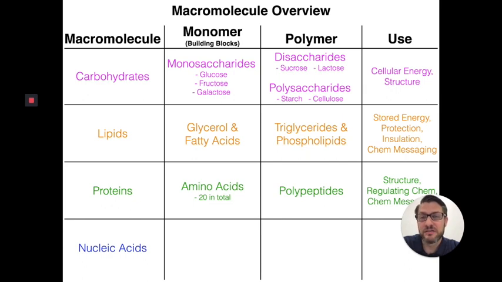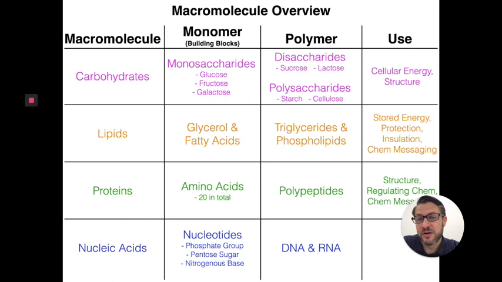Finally, we have our nucleic acids. The building blocks of nucleic acids, of course, are the nucleotides. And you need to know that the nucleotide has three components. You have your phosphate group, your 5-carbon sugar, or a pentose sugar, and then you have your nitrogenous base. Remember, it's the nitrogenous base that differs from one nucleotide to the next.